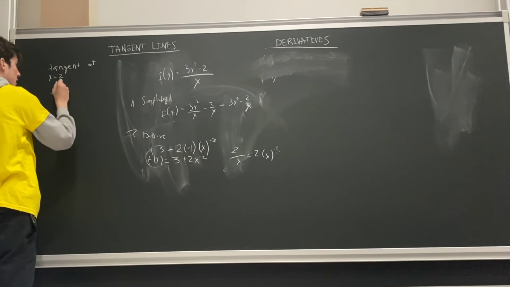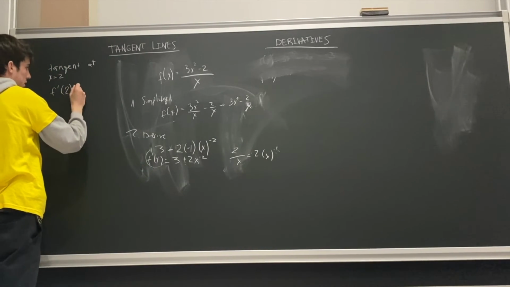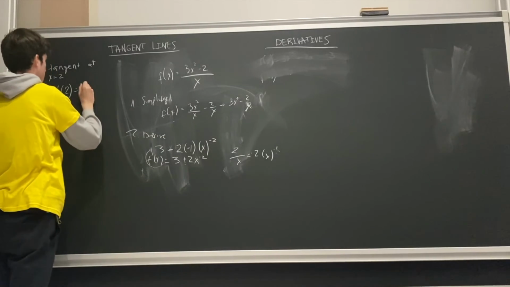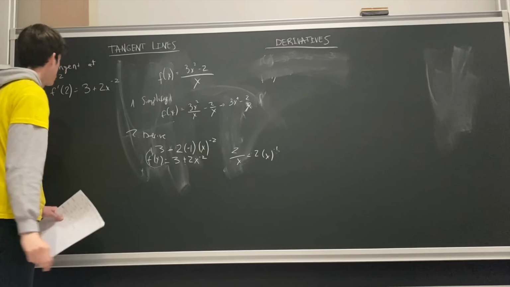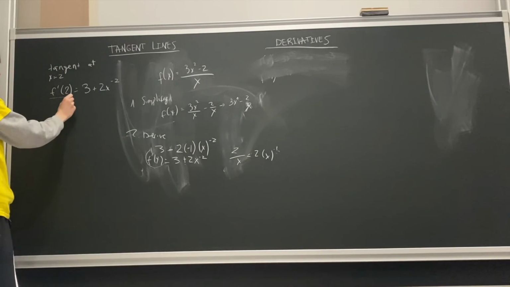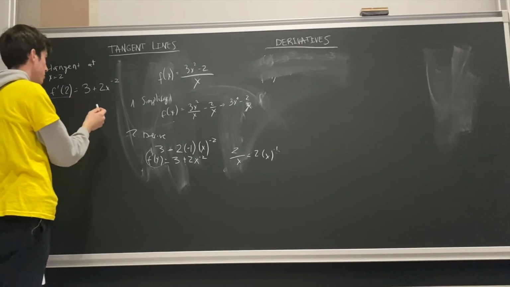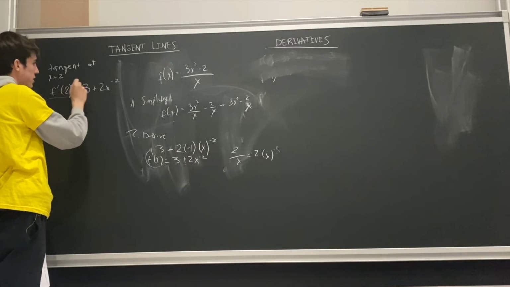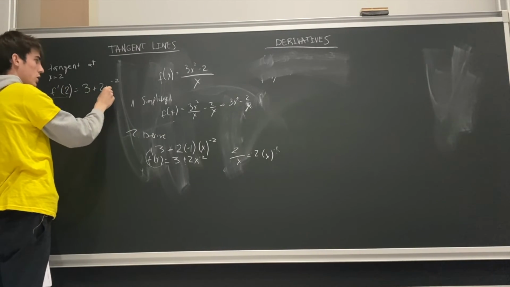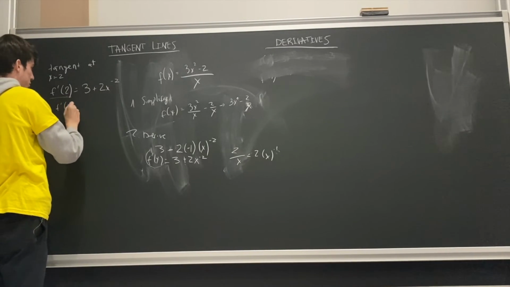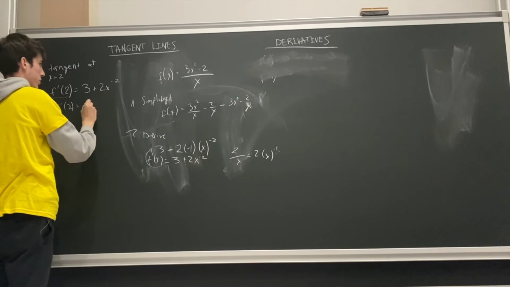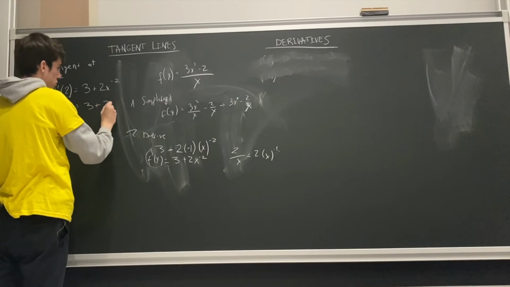It will be f prime of x equals 3 plus 2x to the minus 2. This is the notation when you want a function at a particular point: you plug in this 2 at that point. So we get f prime of 2 is equal to 3 plus 2 times 2 to the minus 2.